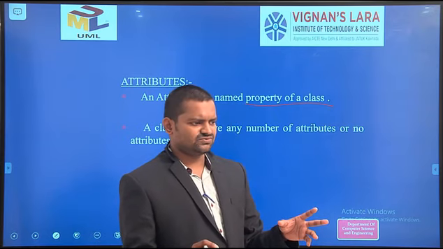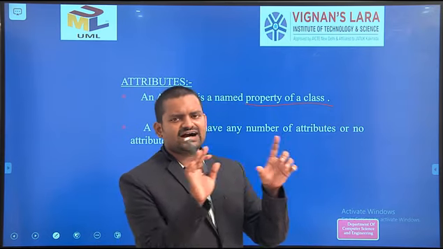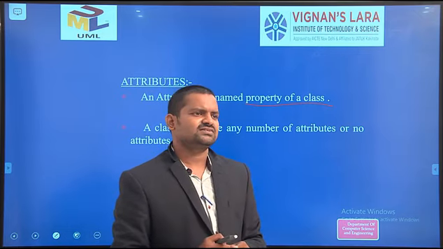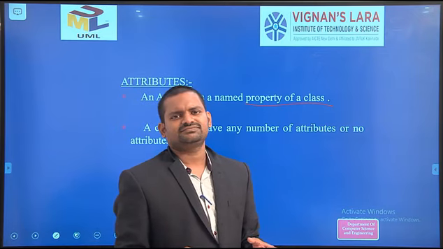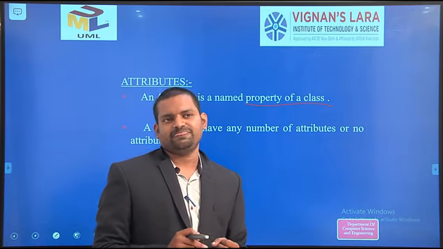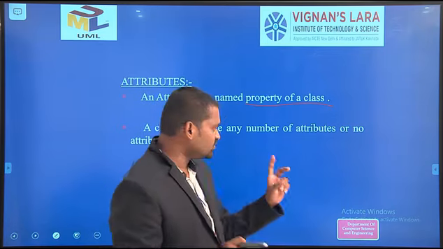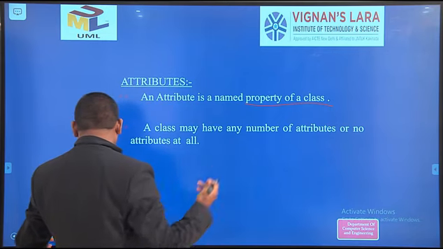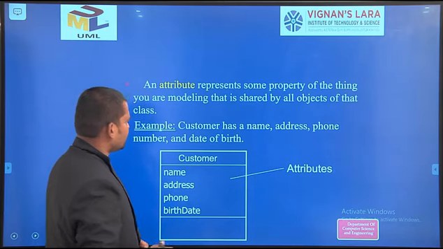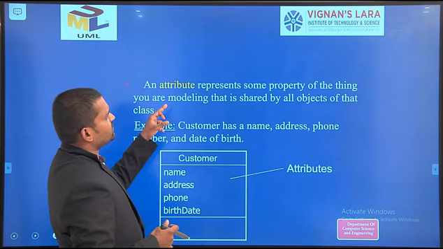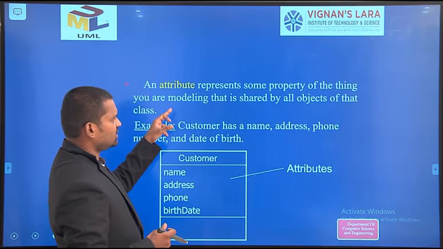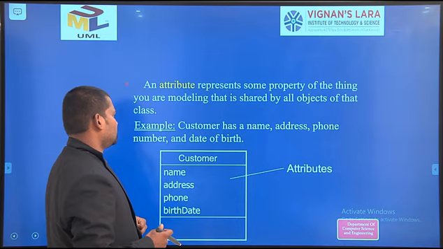Simply say that if you create a car as a class, car is the name of the class, and car contains different kinds of attributes: car color, car shape, and many other things, we will see later. Attributes represent some property of the thing you are modeling that is shared by all objects of that particular class.